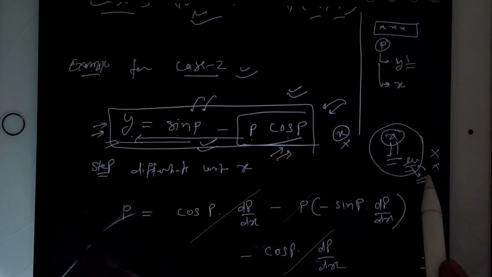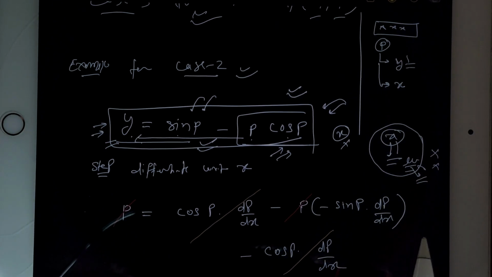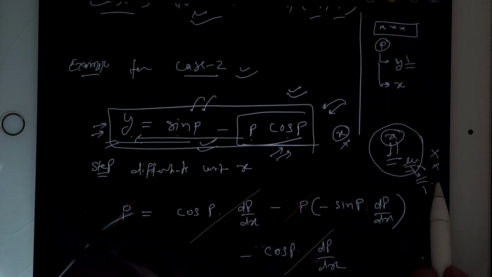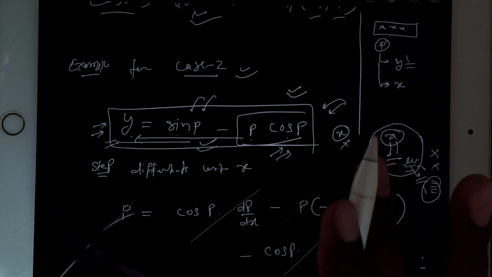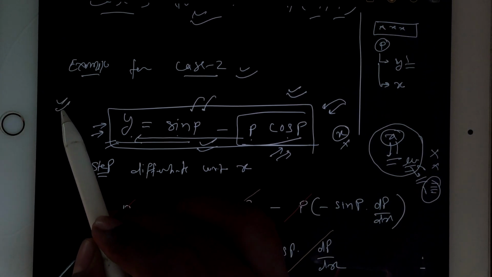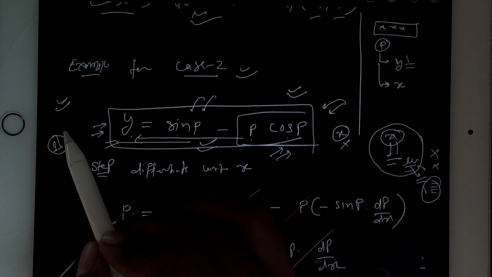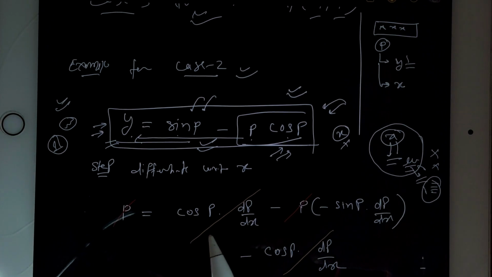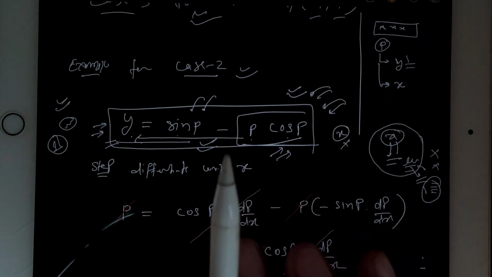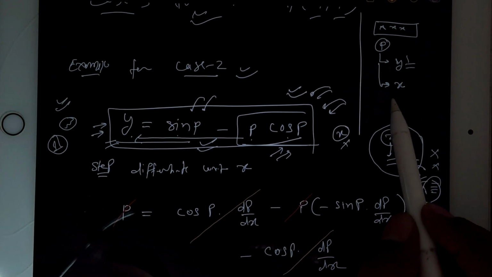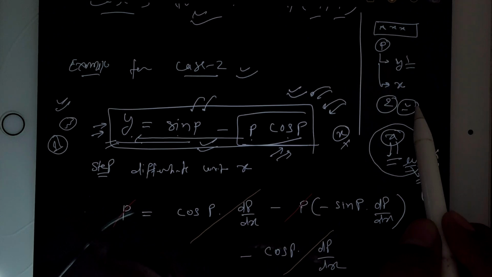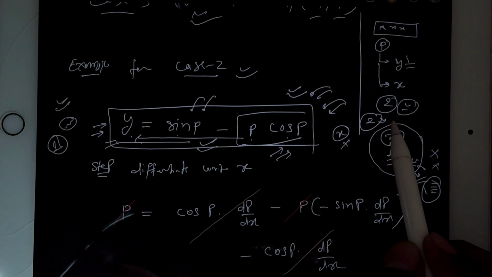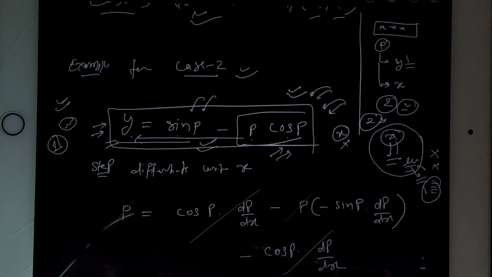So this kind of question has no chance of being given in the GATE exam, because it will consume a lot of time. It will be a university level longer problem. So you only expect that if a question comes from this topic, first order but non-linear, but degree is not one, in that case only these kinds of questions you expect. So I solved two problems for solvable for p, and here I am solving two problems for solvable for y. This much is enough.